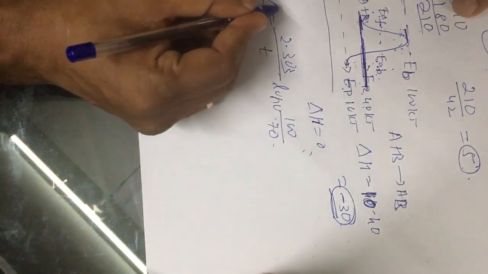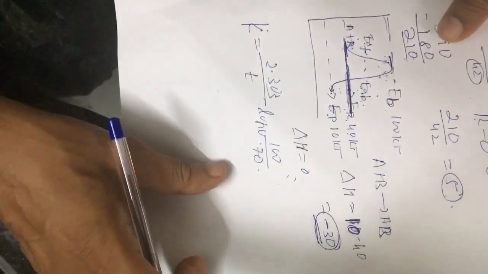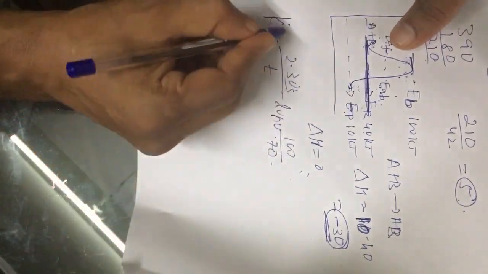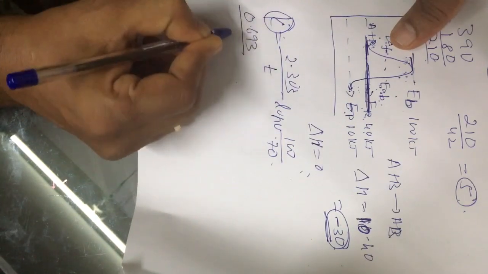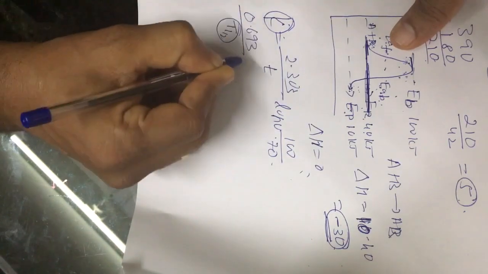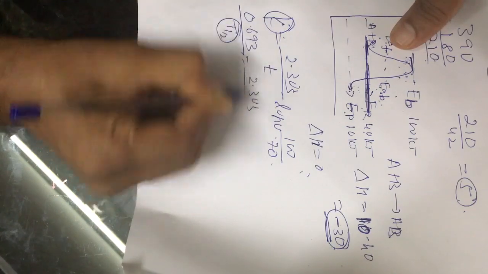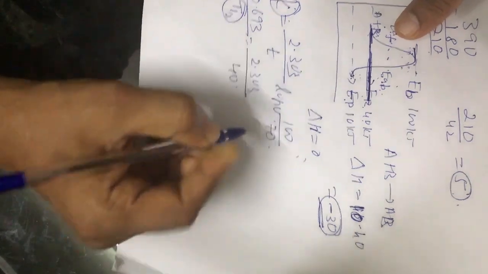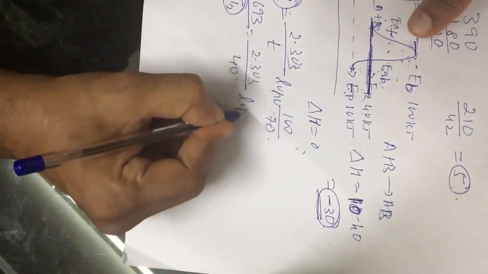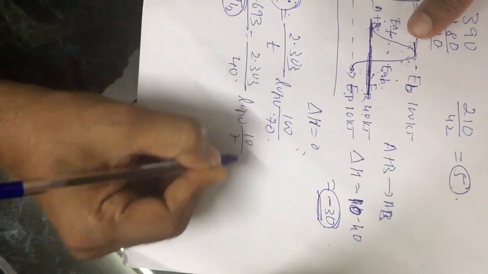With 30% decomposition, the remaining is 70. The value of k is also equal to 0.693 upon t half. The time period for this much is 40 minutes. So log of 10 by 7. You have to solve this much and you get the t half value.